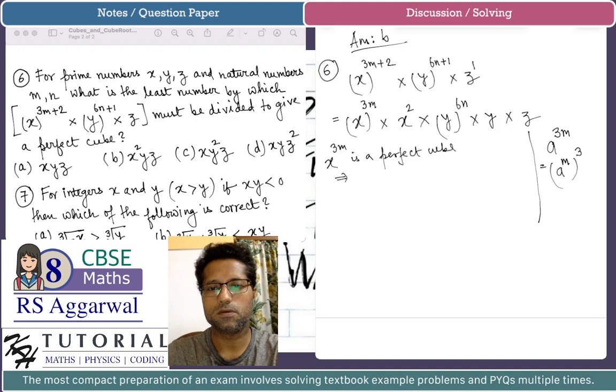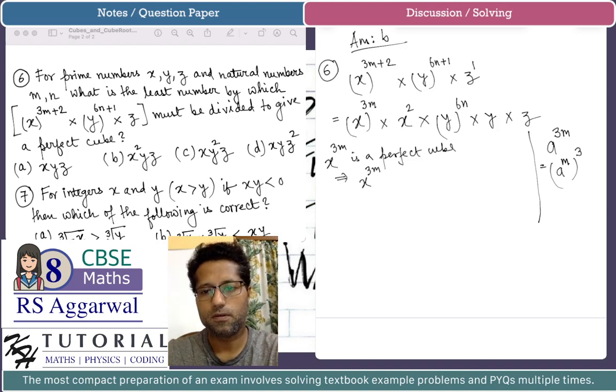This implies x to the power 3m can be arranged in triplets.